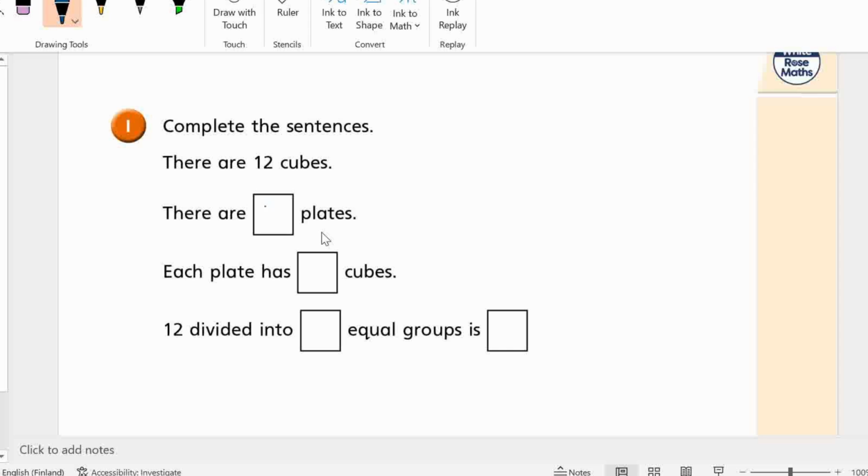Good. Each plate has how many cubes? 4. And 12 divided into equal groups is, there we go. Good.